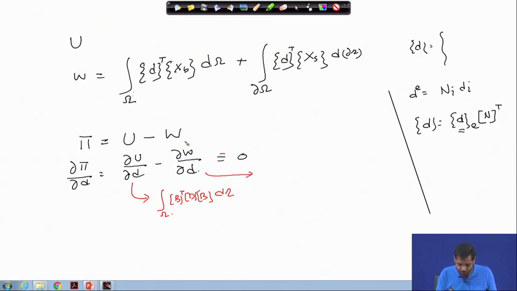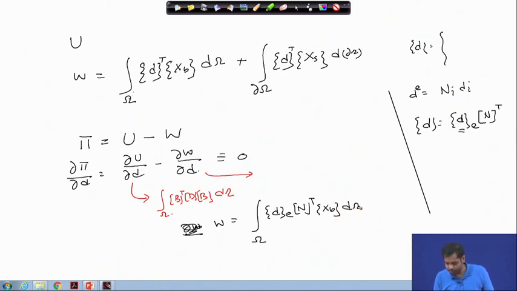Let us consider this part separately, and first let us write W. W will be the integration over omega of d e, then N transpose, which is only for the displacement part, and then xb, integrated over the entire domain.